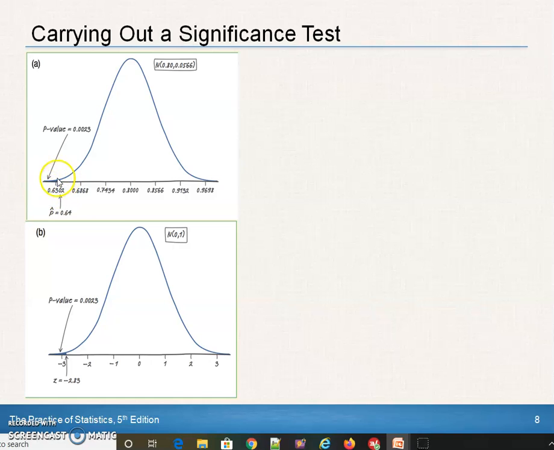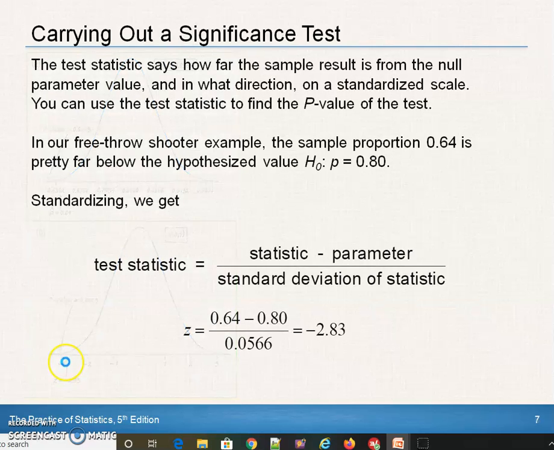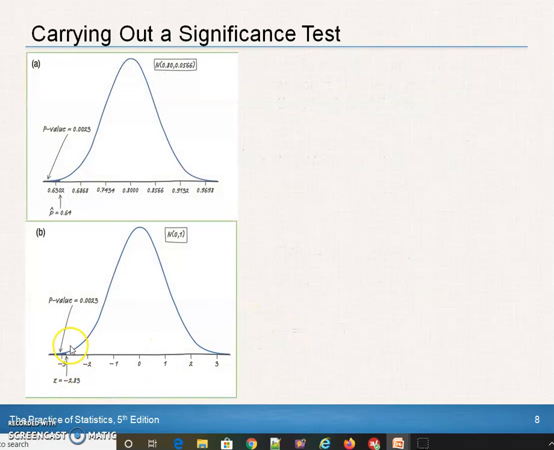The p-value is the area of the tail from the 0.64 to the left. When you standardize that, now our center is 0 and standard deviation 1 instead of 0.0566. The negative 2.83 is the test statistic calculation we had before. The area from negative 2.83 to the tail is the same, 0.0023, as we found up here. So we can do it either way.